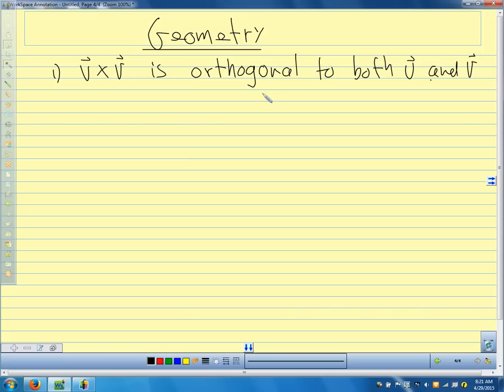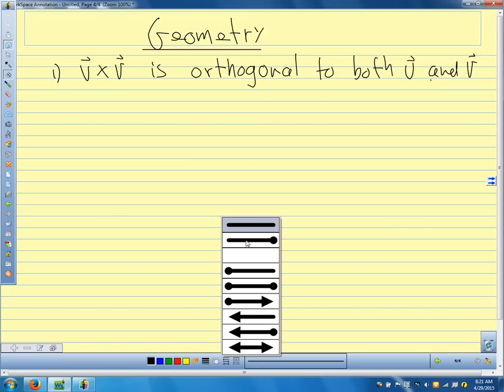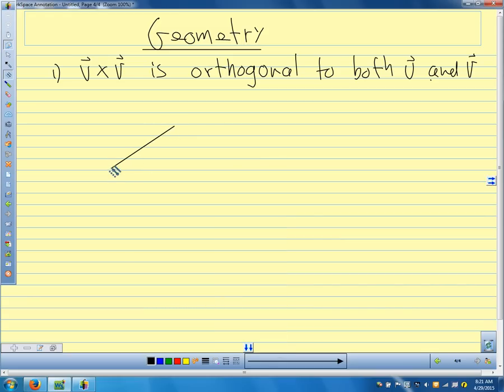So the cross product makes a 90-degree angle with both U and V. So if we draw a picture of this, that's a nice thing about geometry, we can talk about pictures. So there's U and V. U cross V is orthogonal to both of them. And what that means is it makes a 90-degree angle with vector U, and it makes a 90-degree angle with vector V.